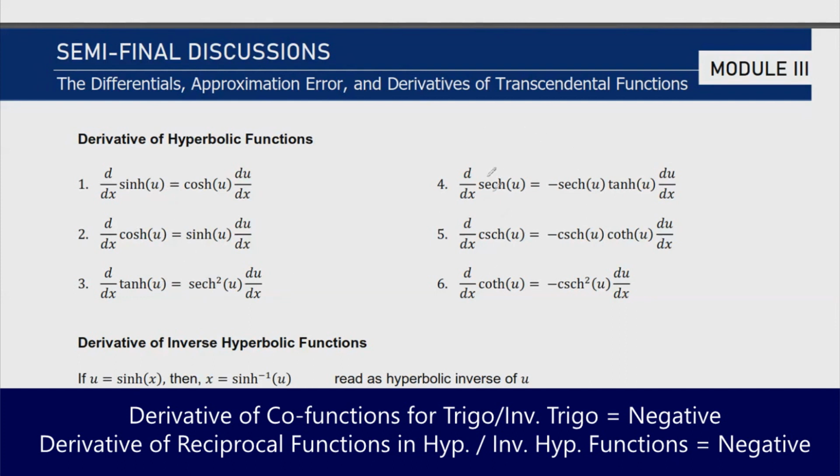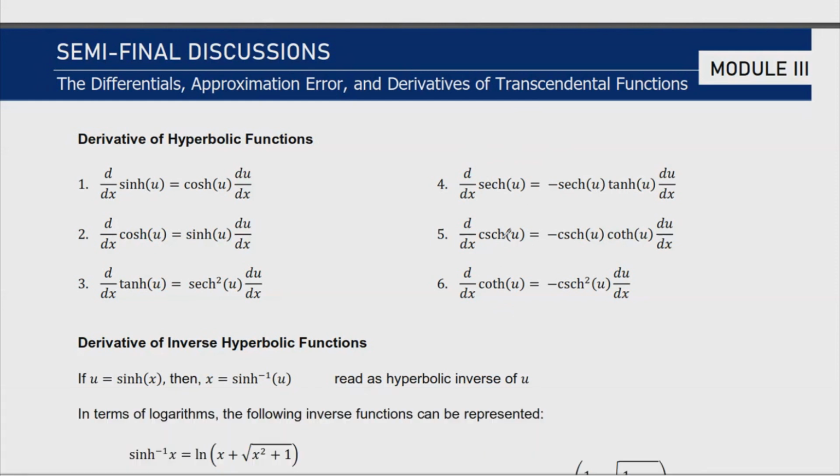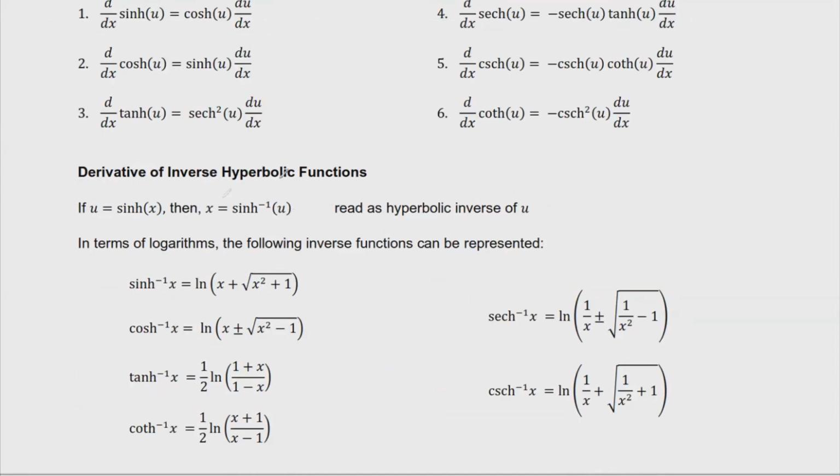So those three in hyperbolic functions, when you try to differentiate them, you will always get a negative answer. And it's just the same concept for trigonometric functions. It's just that you add h on those expressions, and of course the different signs that you might be needing when dealing with those values. And then the last one is the derivative of inverse hyperbolic functions.